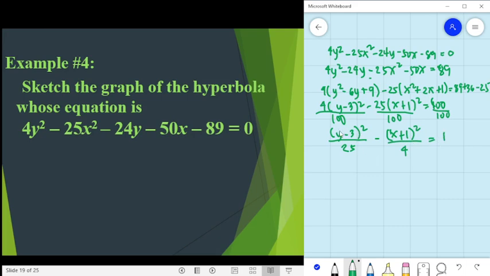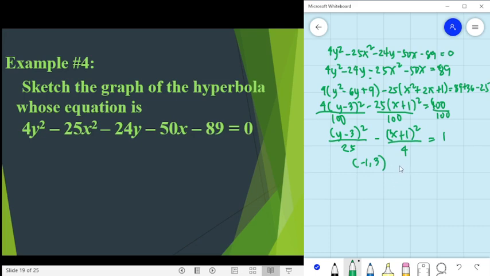From here, we can conclude that the center is at negative 1. Actually, we arrived at our target. What is required of us? Therefore, h is negative 1 and k is positive 3.